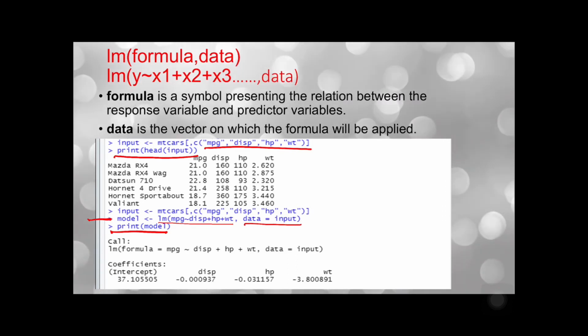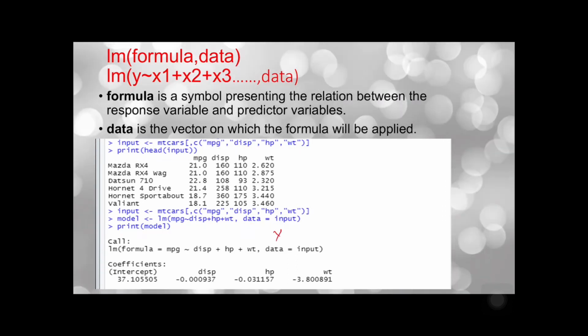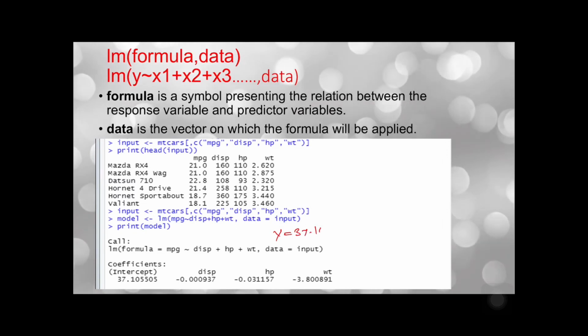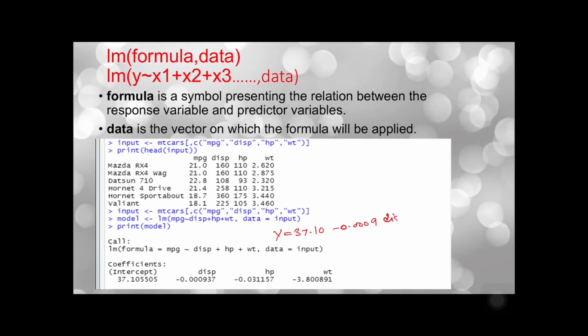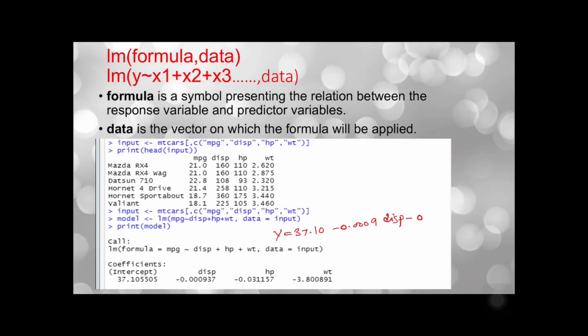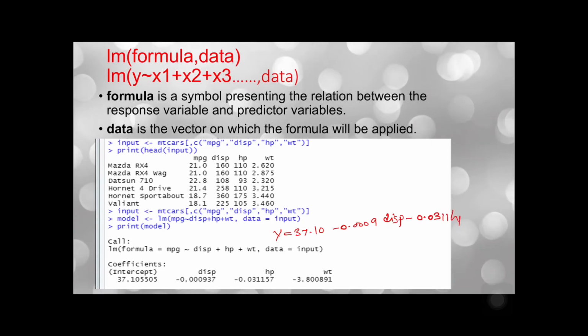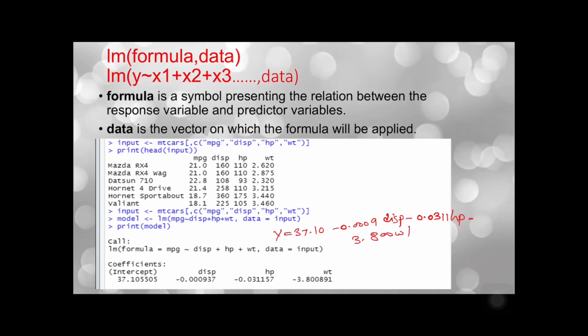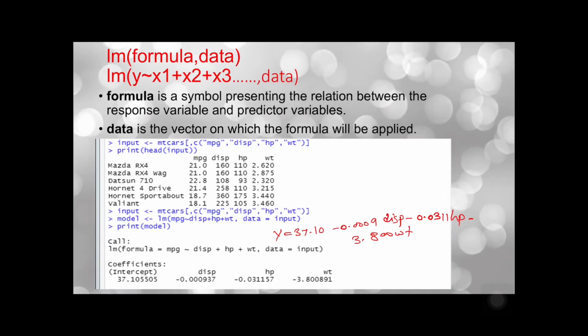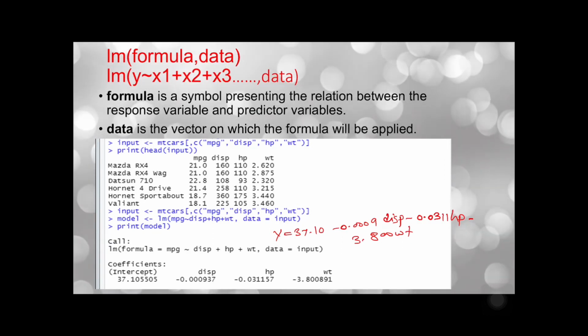So in this case, we can formulate the regression equation y is equal to 37.10 minus 0.0009 displacement minus 0.0311 horsepower minus 3.800 weight. So this is how we can formulate the multiple regression equation in R.